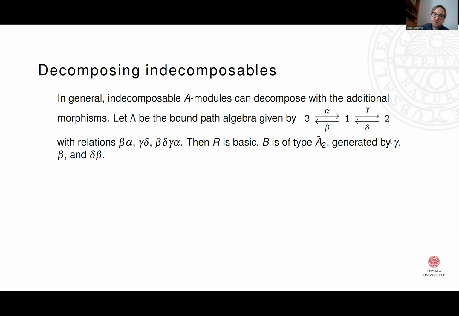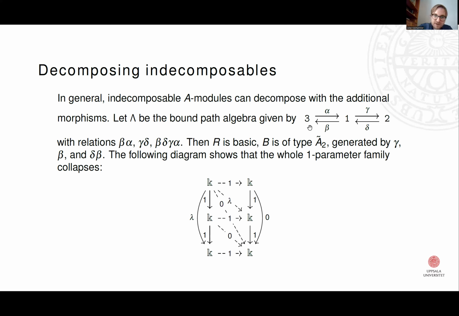Again, R is basic, one can check. And B is of type A2 tilde. So it's of tame representation type. It's the subalgebra given by gamma, by beta, and by delta beta. So there's an arrow from 1 to 2, an arrow from 2 to 3, and an arrow from 1 to 3.